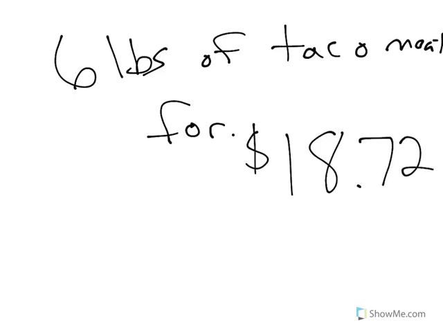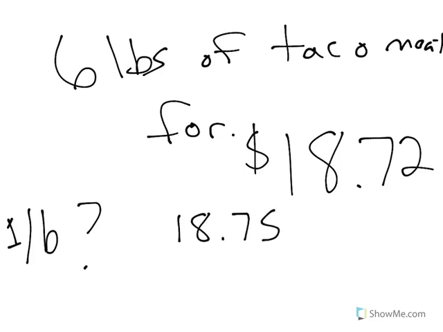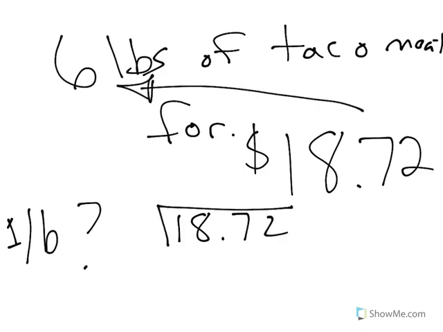Well, what if you want to buy 1 pound? How much would it cost? So you would do 18.72 divided by 6 pounds, because if 6 pounds costs that much, we can divide by 6 to figure out what 1 pound costs. So I'm going to get all this stuff out of my way.